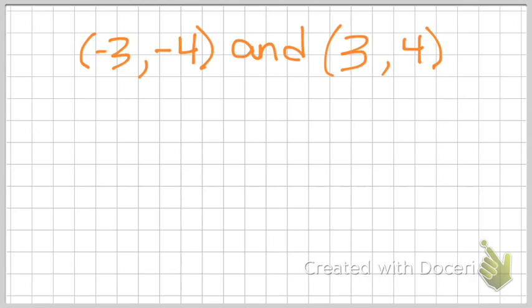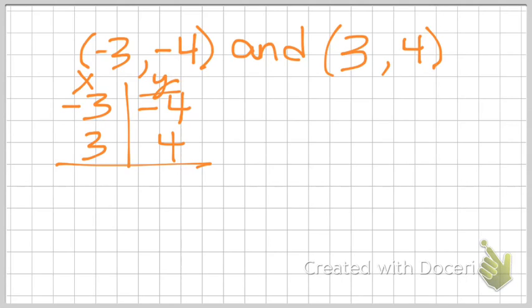So I have these 2 points. I want to find the distance between them. I remember that I need to know rise and run, and so I'm going to write them in the table for slope. I'm remembering that this is x and this is y. So this side gives me my run, this side gives me my rise.